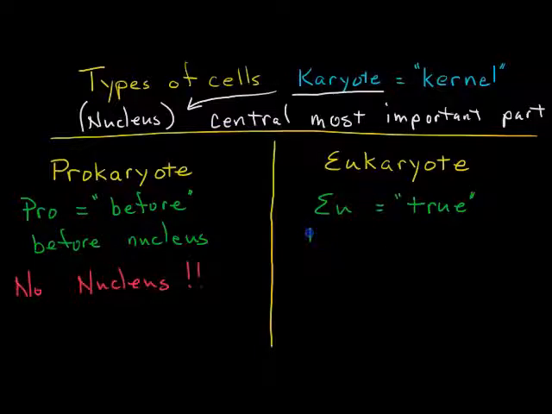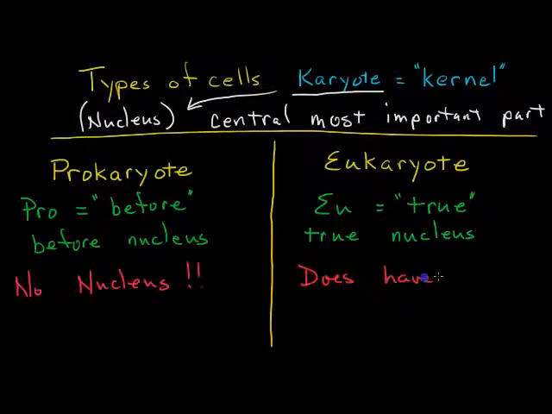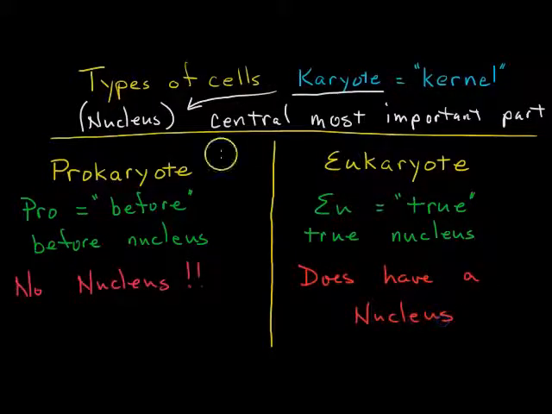And so this means true nucleus, or true kernel, or true karyote, however you want to think about it. And so this would be a cell that does have a nucleus. So the prokaryote are cells with no nucleus, and the eukaryote are cells that do have a nucleus.